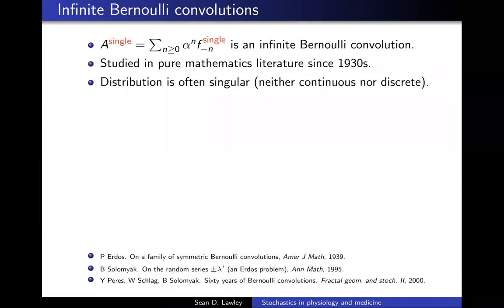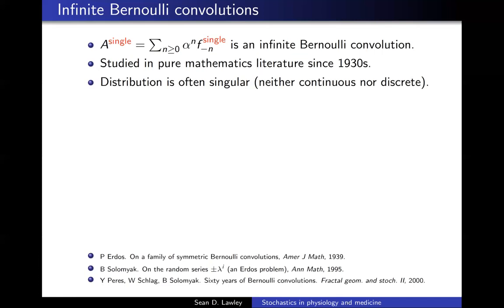And this random variable has been studied in the pure math literature since the 1930s, beginning with Paul Erdos and others. And of course, when they studied it, they weren't thinking about drug adherence. They weren't thinking about these pharmacological models. They were just studying this mathematical object because it's interesting mathematically.